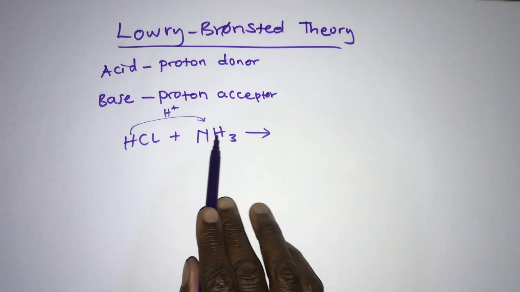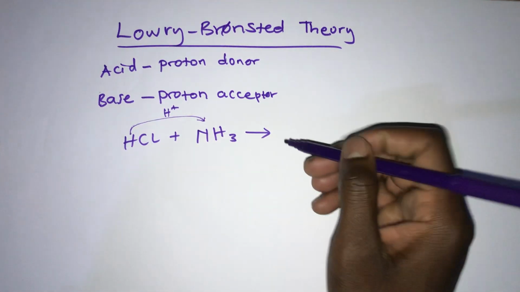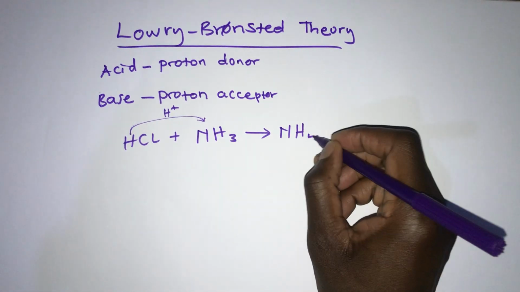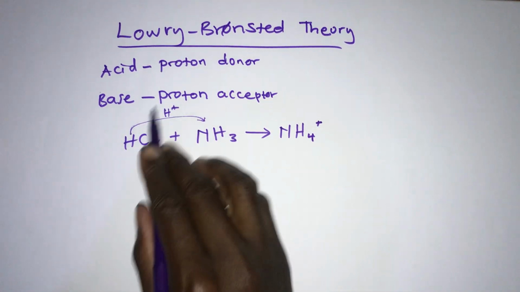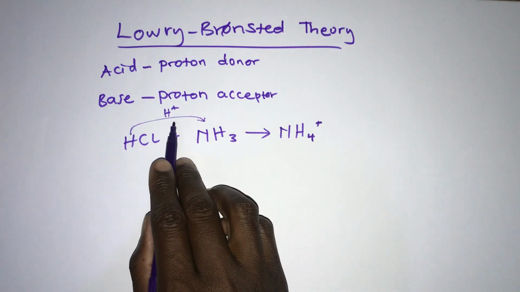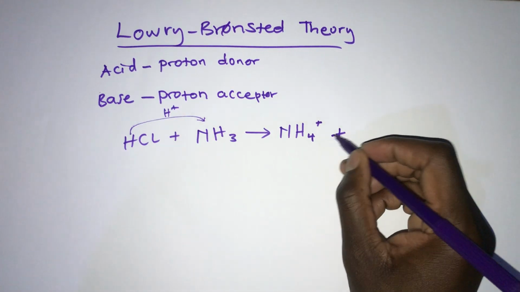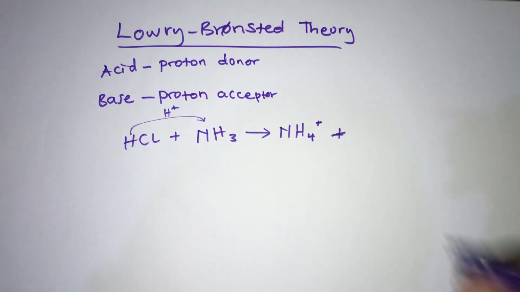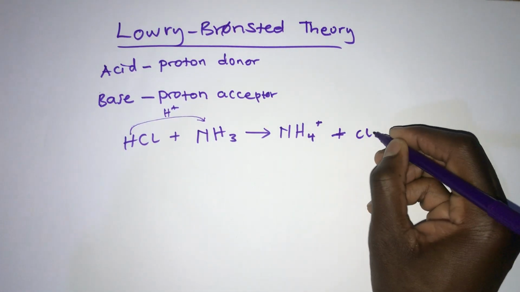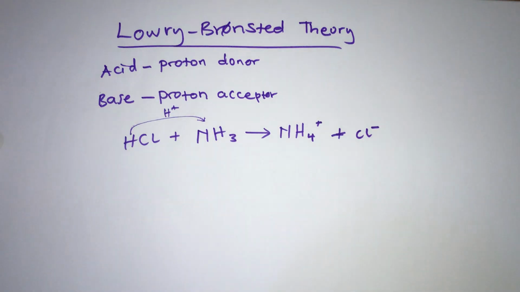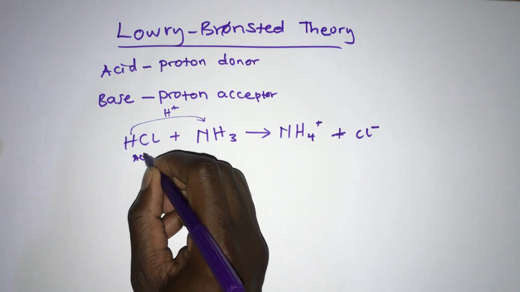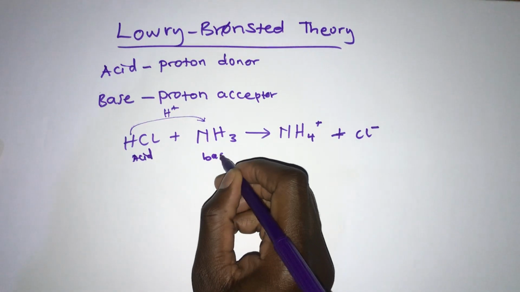Since NH3 is accepting the hydrogen, now we're going to have NH4 instead of NH3. Now we have 4 plus, because it accepted the hydrogen. Since HCl lost a hydrogen, or gave the hydrogen away, now we're going to be left with Cl minus. So if you can check, this one was an acid, this one was a base.